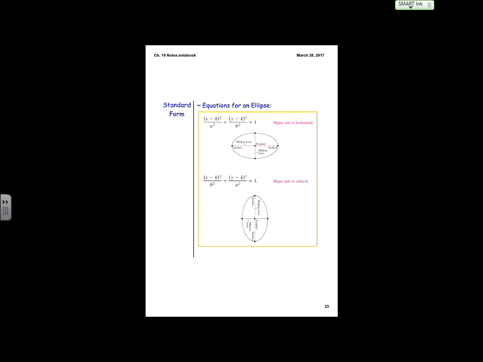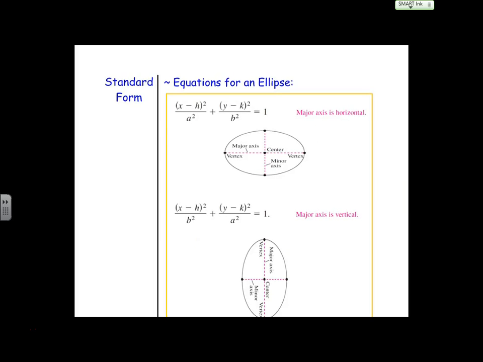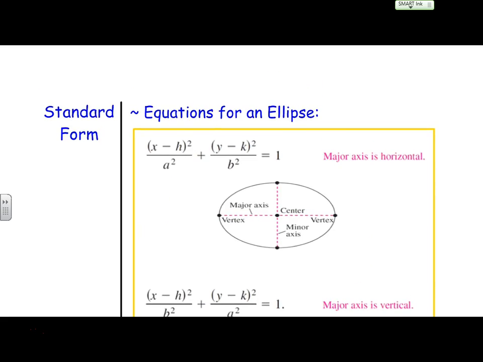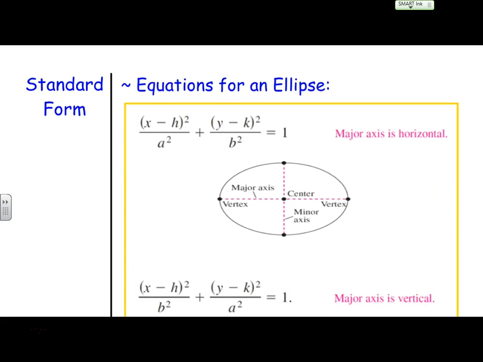Instead of having r squared and r squared, we're going to have a squared and b squared. Let me zoom in on the top one so we can get a really good first picture. Instead of being over r squared and over r squared, this looks a lot like a circle, but I can't multiply one constant to the other side to get rid of the fractions and get an r squared on the other side.